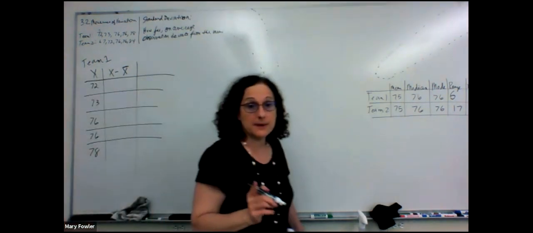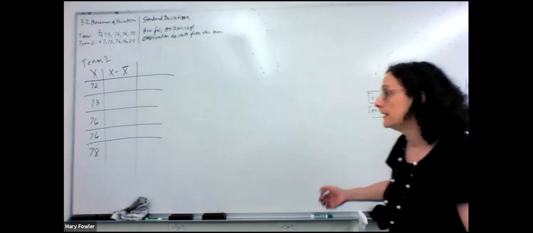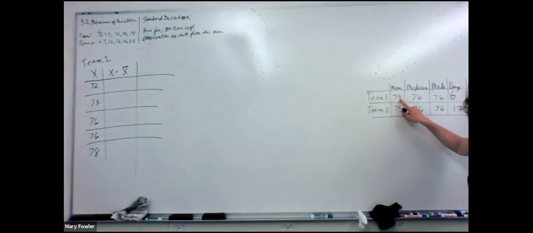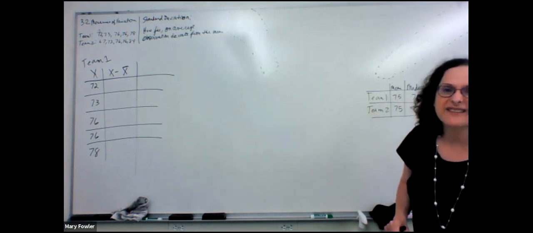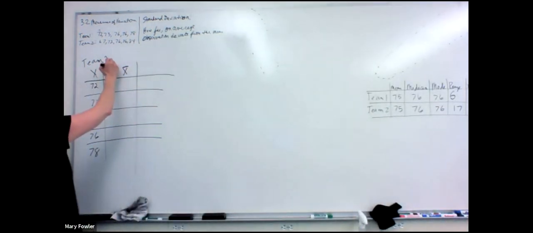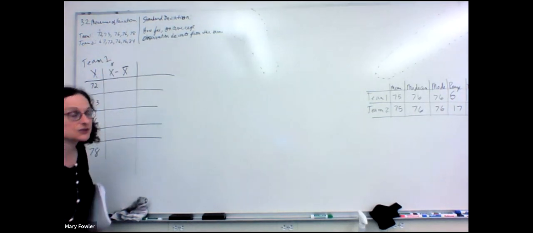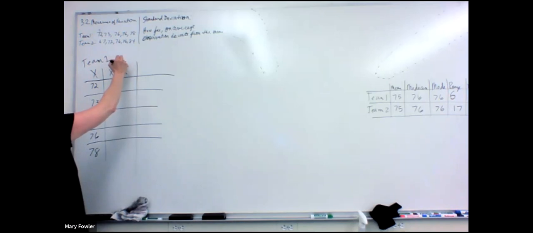Okay, and remember the mean for these numbers, you get it by adding them up and dividing by 5, because there's 5 observations, but we did that in section 1, and we got 75 as the mean. So for each value, x refers to each of the observations, x minus 75.